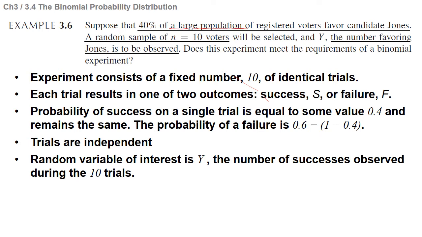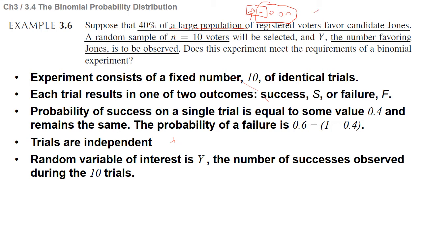If it were a very small population, like 5, and 40% of the population favor candidate Jones, then 2 of them favor Jones. Then the trials are not independent, because if you sample one person who favors Jones, then among the remaining ones only 25% of the population favors Jones.